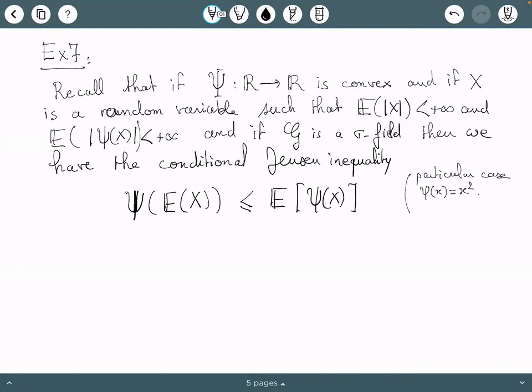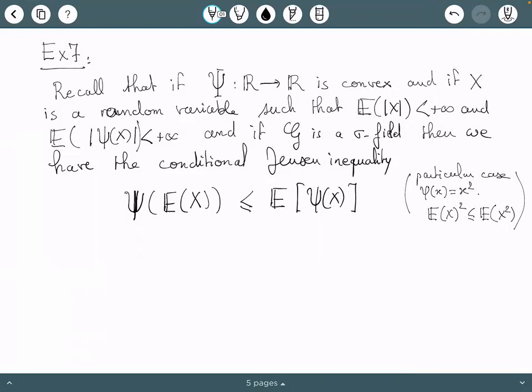With this function you get that the square of the expectation of X is less than the expectation of X squared, which is also the Cauchy-Schwarz inequality. When you want to derive Hölder's inequality, first you prove Jensen inequality and then Hölder's inequality, and in particular the Cauchy-Schwarz inequality is a consequence of Jensen inequality. So Jensen inequality is really the basic inequality from which you can derive the other inequalities like Hölder's inequality.